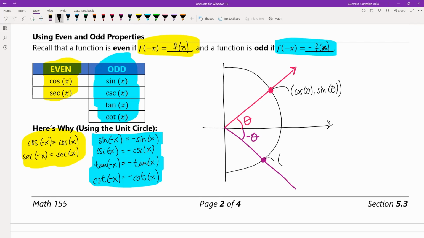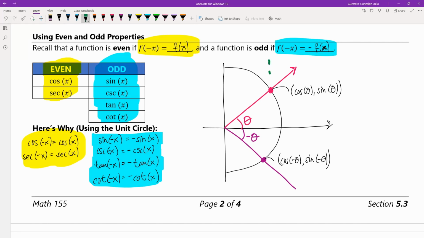This is supposed to be cosine of negative theta, comma, sine of negative theta. That's how our coordinates work on a unit circle, yeah? But now what I want you guys to do is look at this.